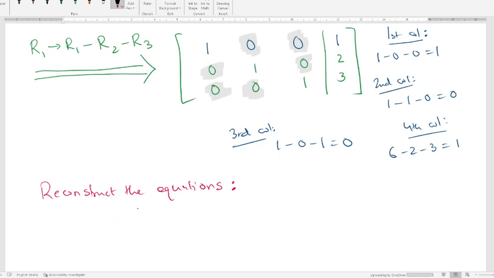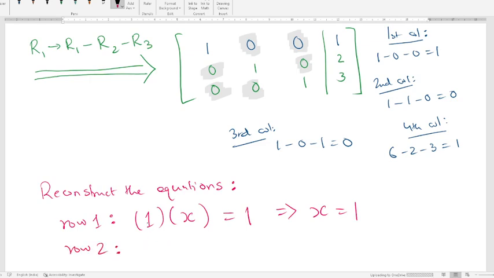While reconstructing, let's write down row 1. For row 1, the coefficient is 1. The unknown is x, right? The right hand side is 1. This gives us x is equal to 1. Correct? For row 2, the coefficient is 1, because 0 plus 1 times y plus 0 is equal to 2.